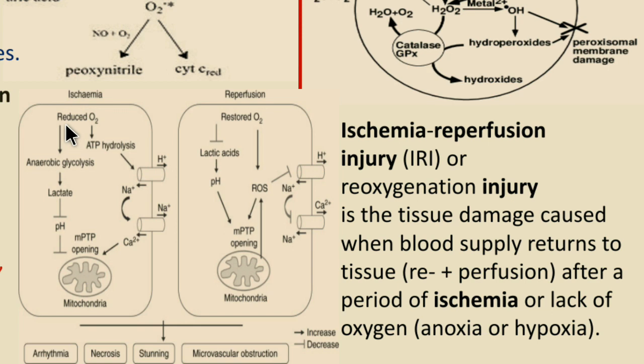Now on the other side, the same reduced oxygen condition of the cell leads to ATP hydrolysis, which will lead to the efflux of the hydrogen atoms and influx of the sodium, and it is also going to lead to the efflux of the sodium and influx of the calcium. This calcium influences the MPTP opening of the mitochondria.